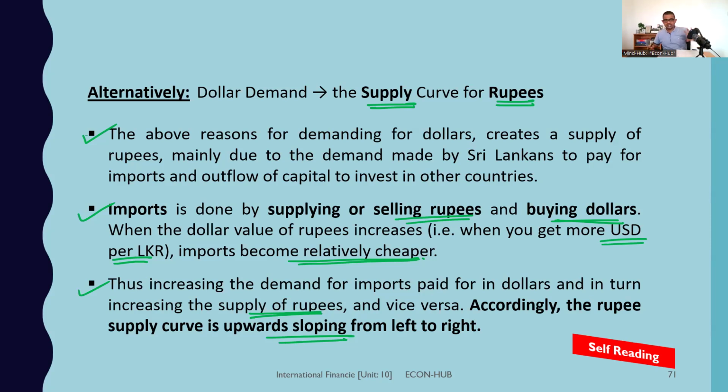So whatever decreases, that is dollars, you demand more. The value of the rupee is increasing, so you supply more rupees. So what have we explained now? Dollar demand, rupee supply. Bottom line, the dollar demand curve is downward sloping, the rupee supply curve is upward sloping.